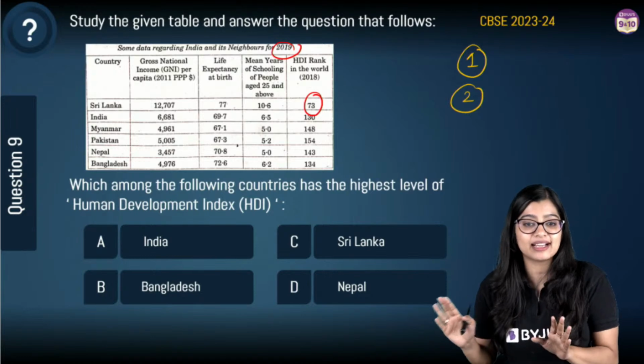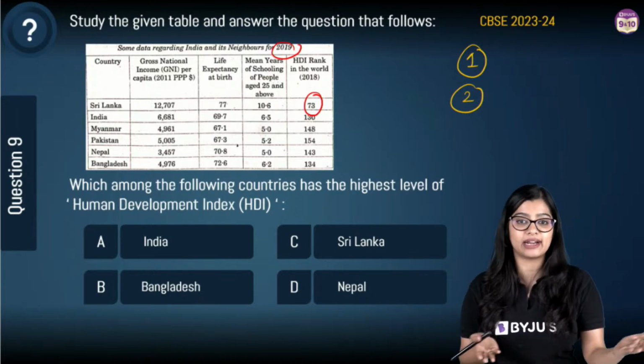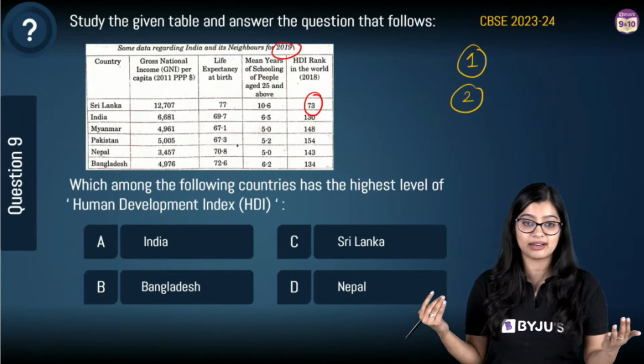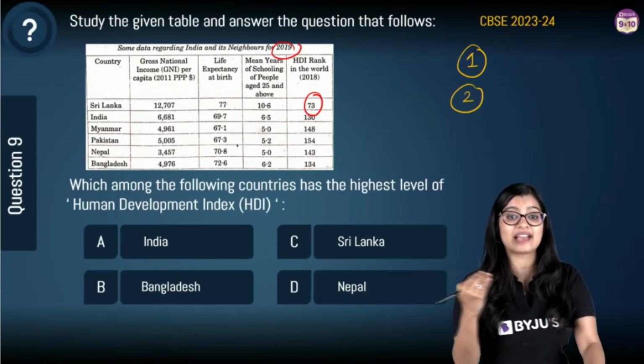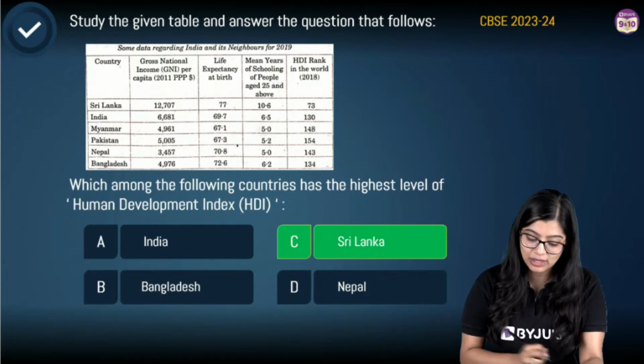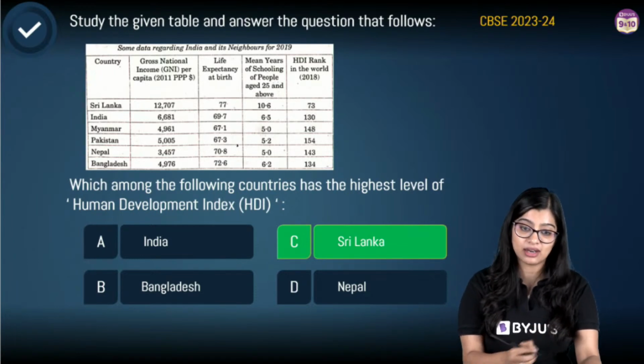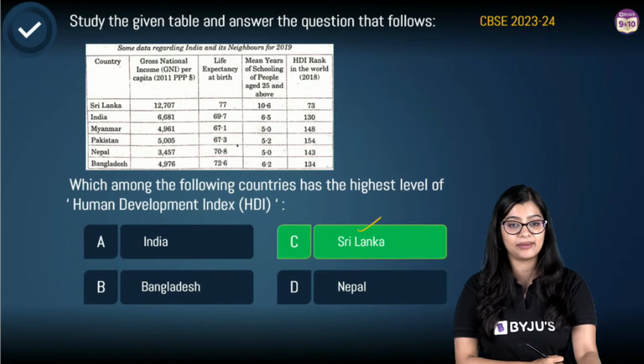This is not the mathematical value that we are taking where you say ma'am, 2 is greater than 1. No, we are not taking the mathematical value. We are ranking. So the lowest rank number is the greater position, which is why we know that the highest level of HDI here is going to be Sri Lanka.